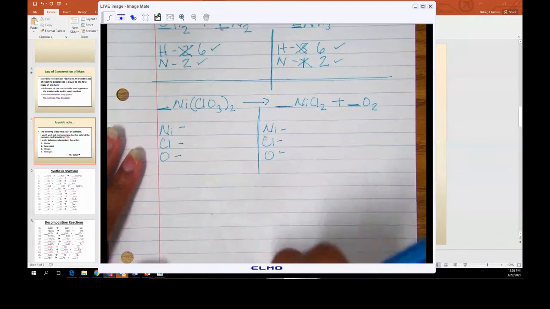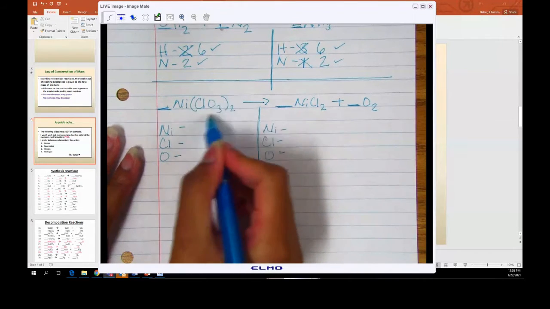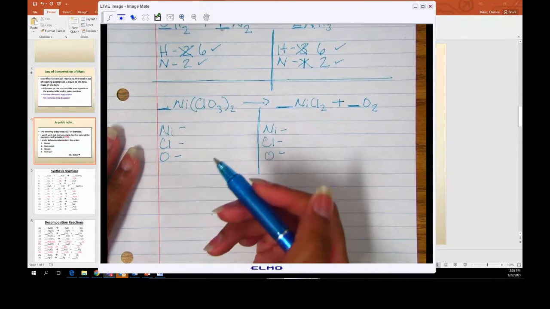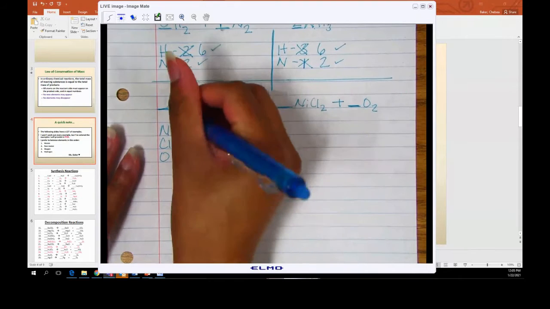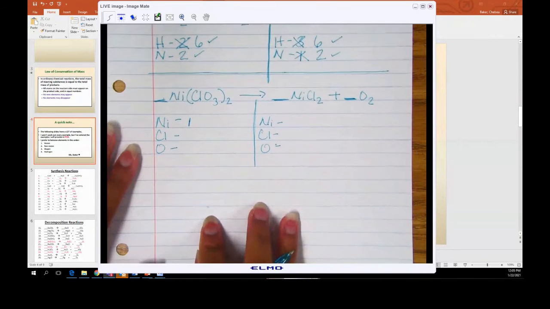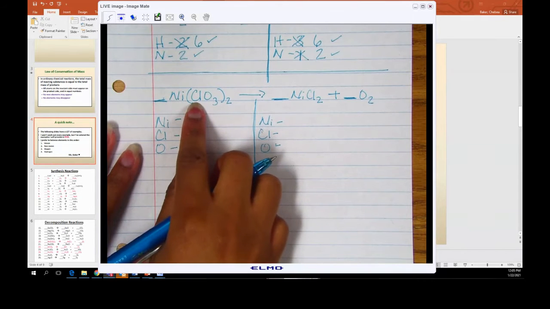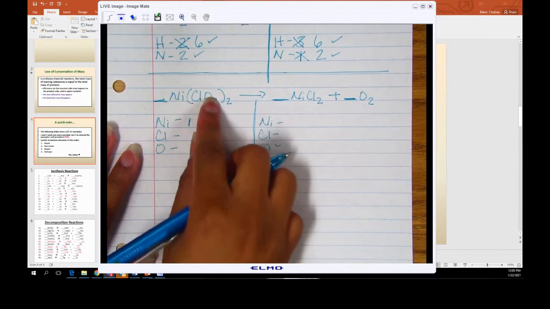Let's take stock of what we have. So we're going to count. Nickel is outside of the parentheses, so it will not be affected by this 2 that's hanging outside of the parentheses. It's not going to be nickel 2, it's just one nickel here. For chlorine, it's inside of the parentheses. It doesn't have a subscript of its own, so there's just 1 inside the parentheses.